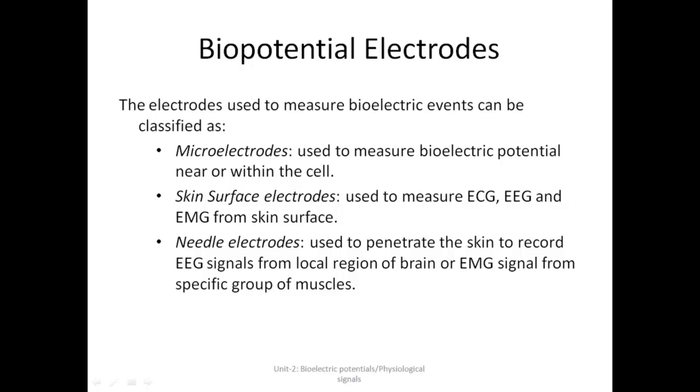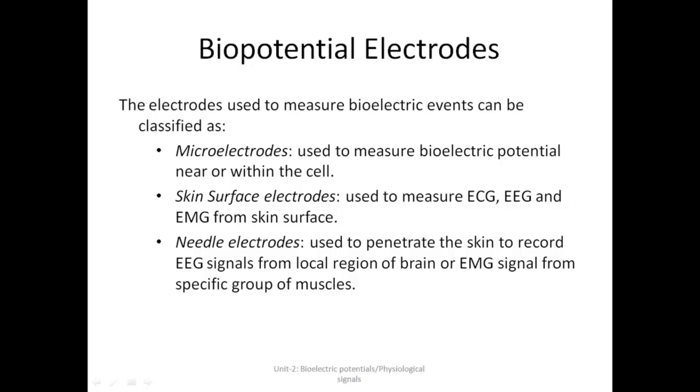The microelectrodes are used to measure the bioelectric potential near or within a single cell. The tip of these electrodes is made of such a scale that it can actually penetrate a single cell without damaging it. Then we have skin electrodes. These are very popular, that we see around. These are used for ECG, EEG, etc. Then we have needle electrodes.